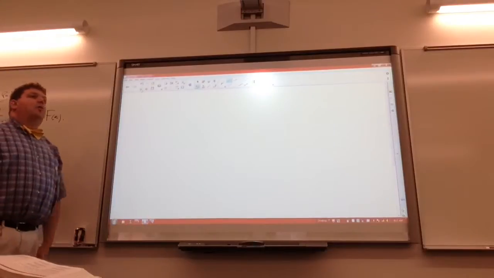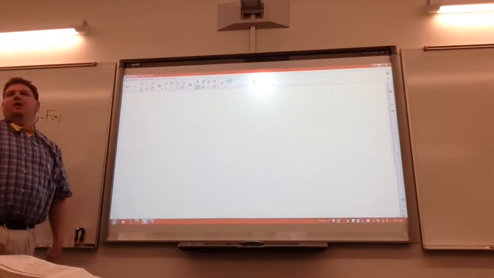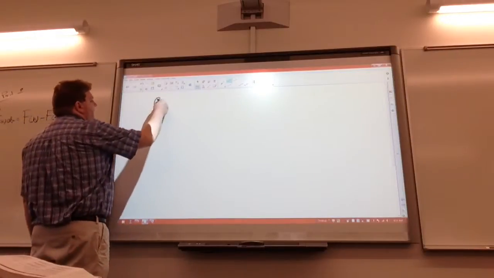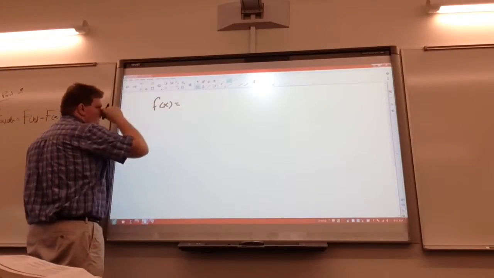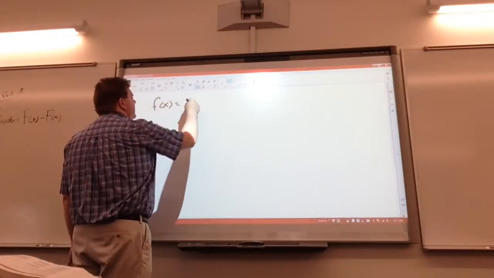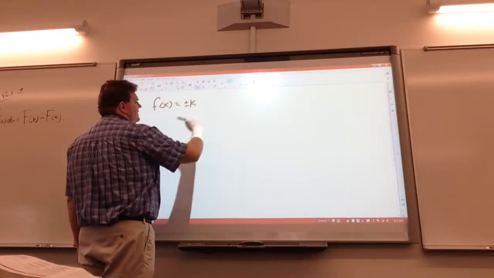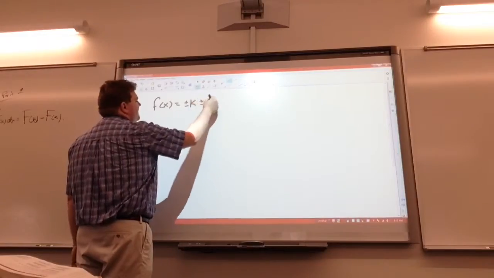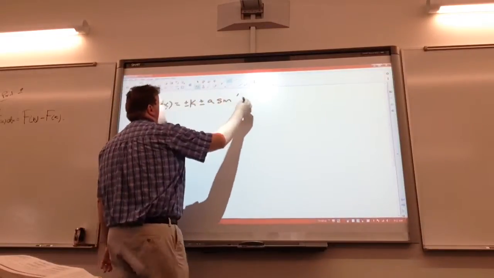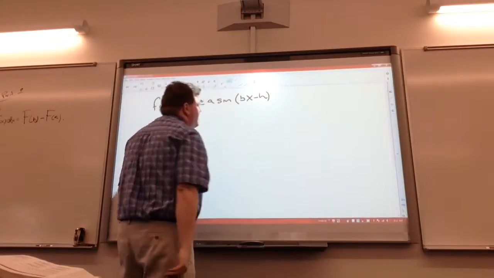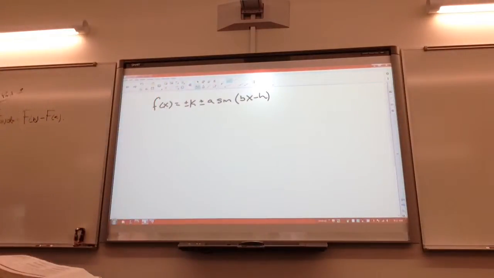Of what the parts are of this thing. So if I wrote out something like f of x equals plus or minus k, plus or minus a sine of bx minus h, what would each of these pieces represent, or how would I use them to find a certain feature of this sine graph?